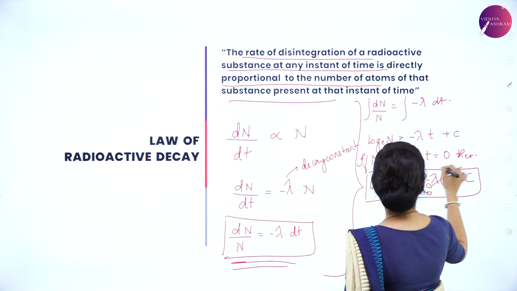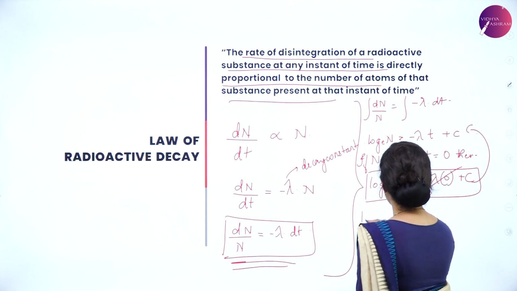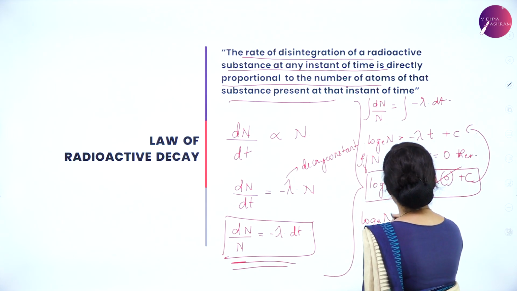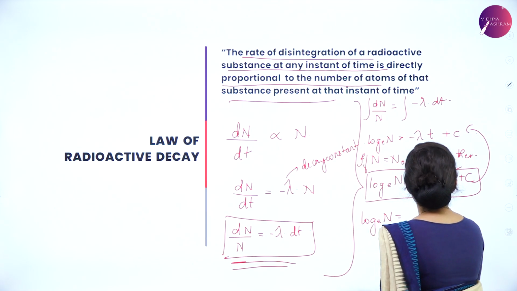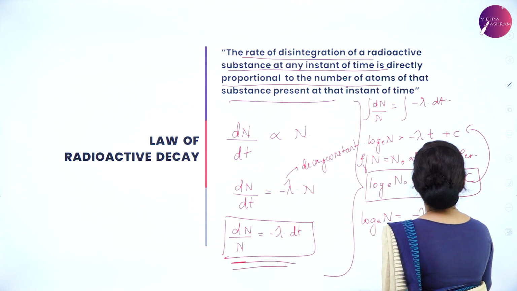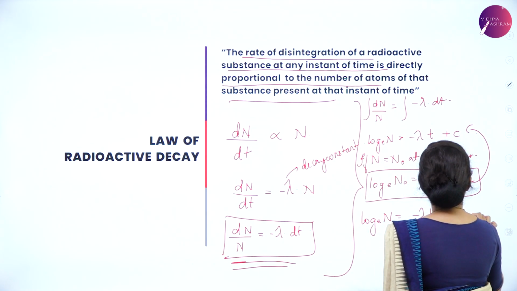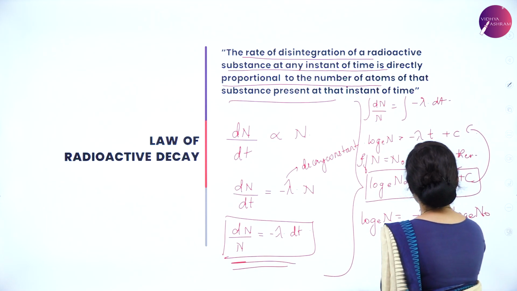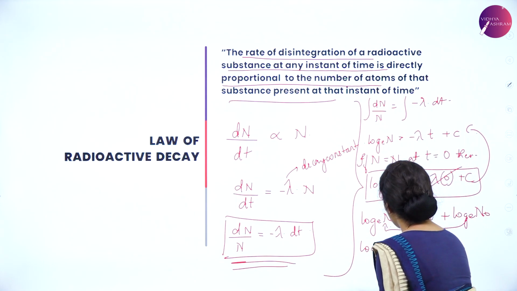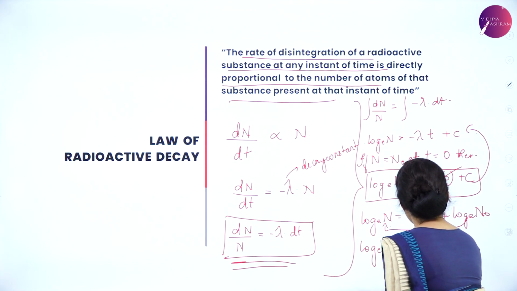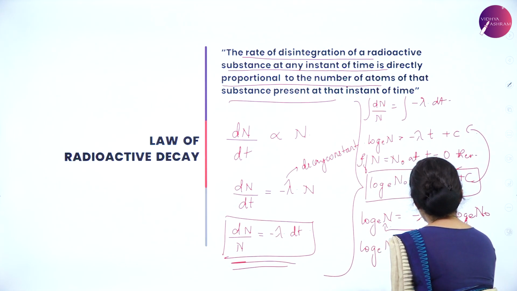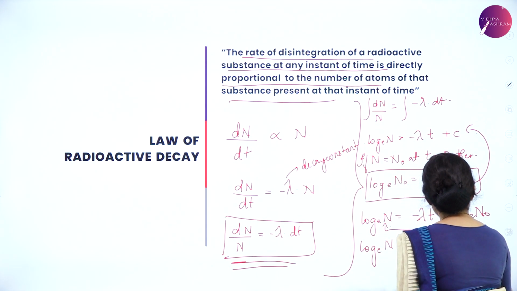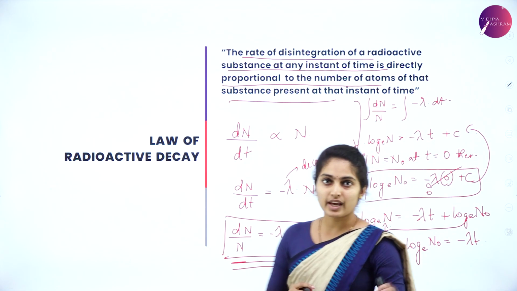You can rewrite this equation as log e N is equal to minus lambda t plus log e N naught. Take this to the other side, so log base e N minus log e N naught is equal to minus lambda t.